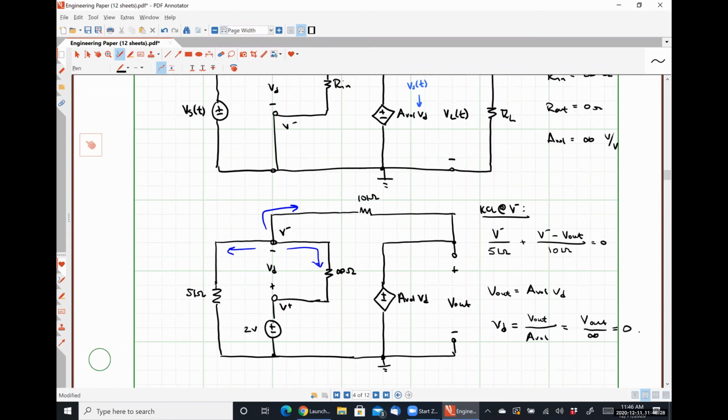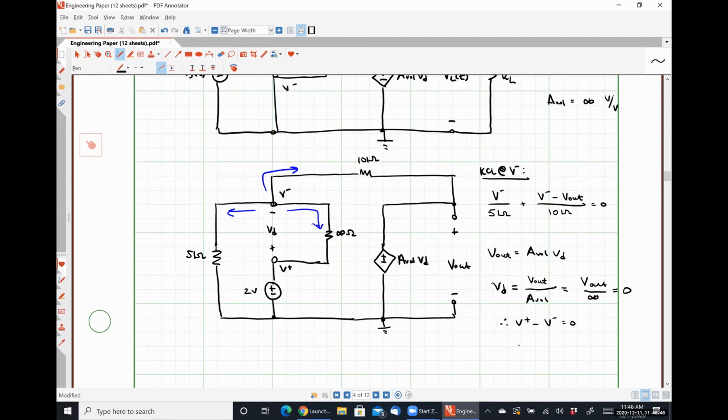So the difference between our input voltages in an ideal op amp circuit has to be 0, which means V plus minus V minus is 0, or V plus is equal to V minus. This is what's called the voltage constraint relationship.